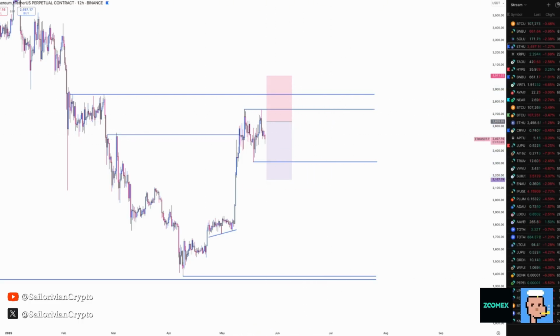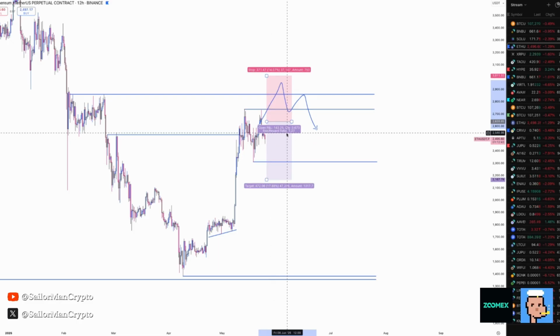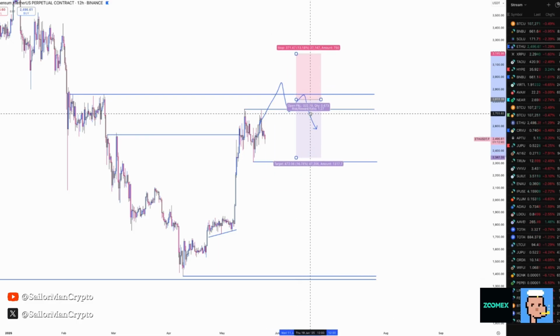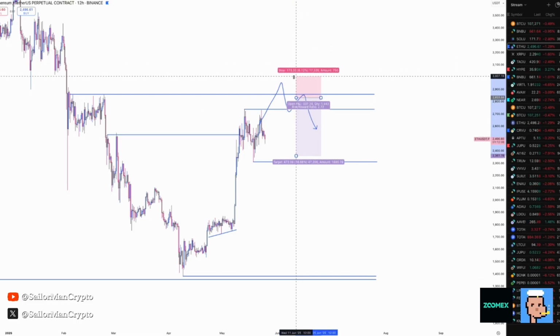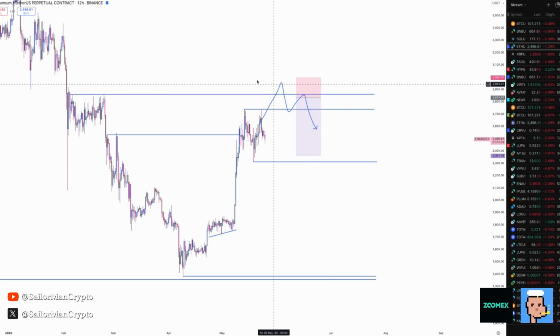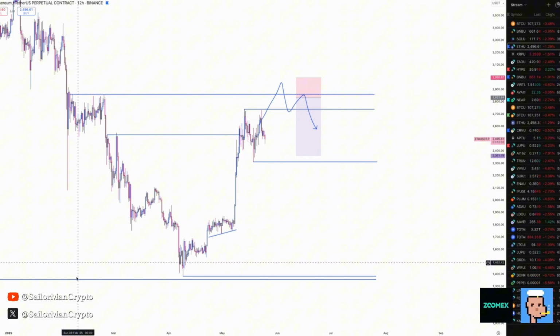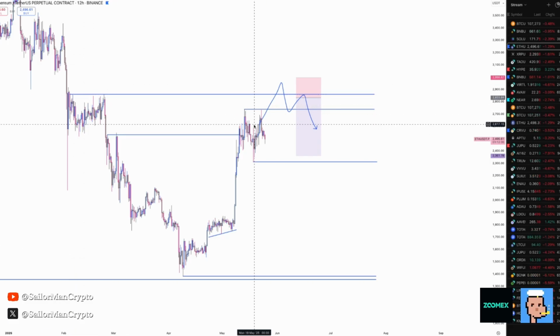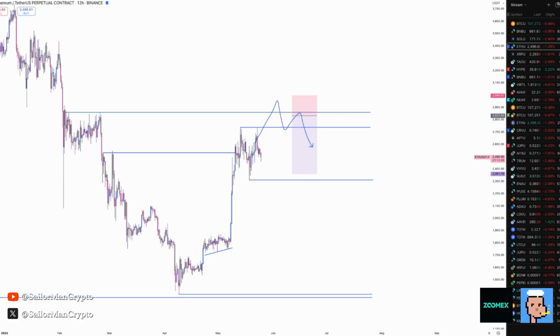Ideally, the best place to enter would be after something like this, because in this case you know that the short market makers that want to push the price lower have taken out all this liquidity, and now you will have a much clearer invalidation. Because now you don't know, in case the price is going high, how high it can go.